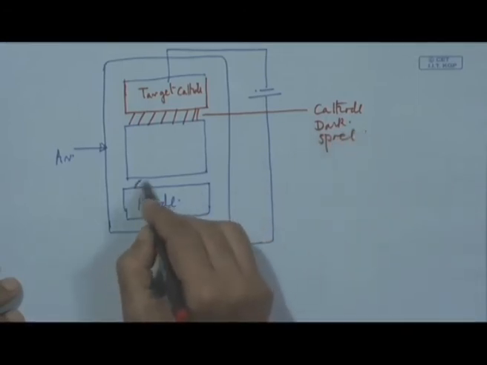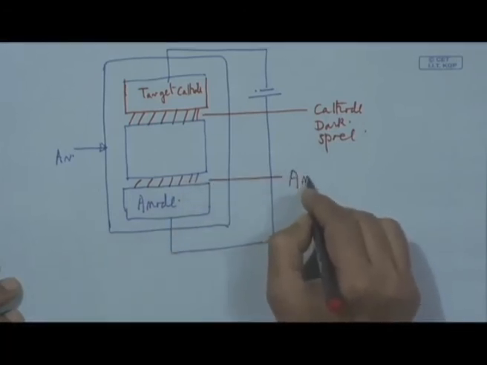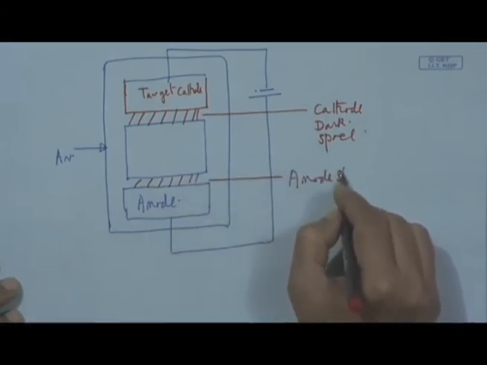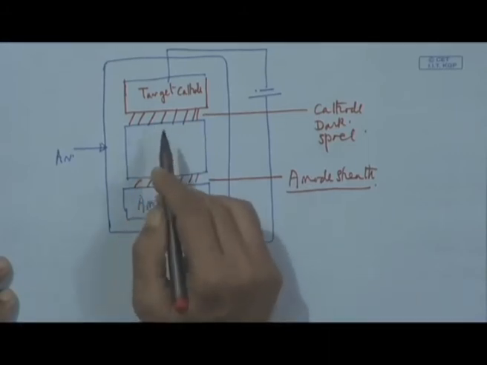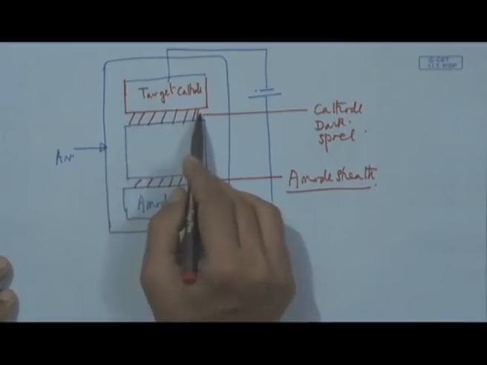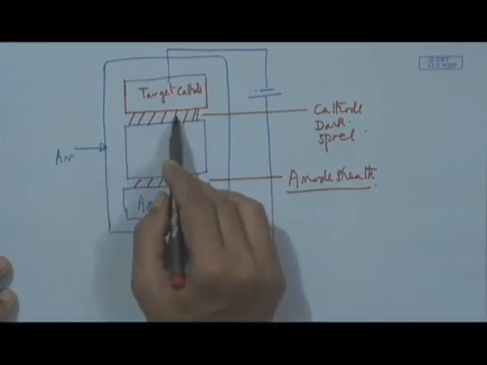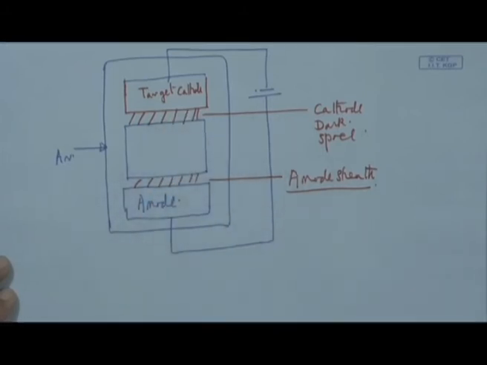And this zone, anode sheath. So, what happens? The electrons which are available very close to the target surface, these are known as primary electron.